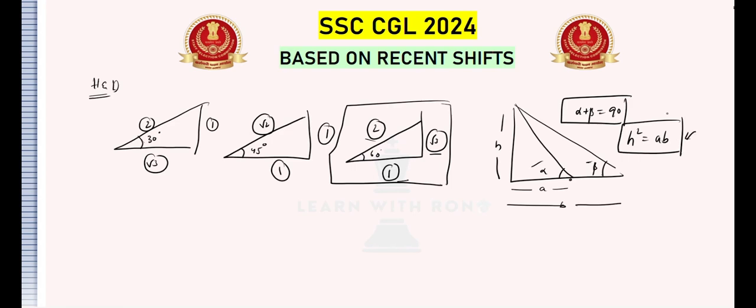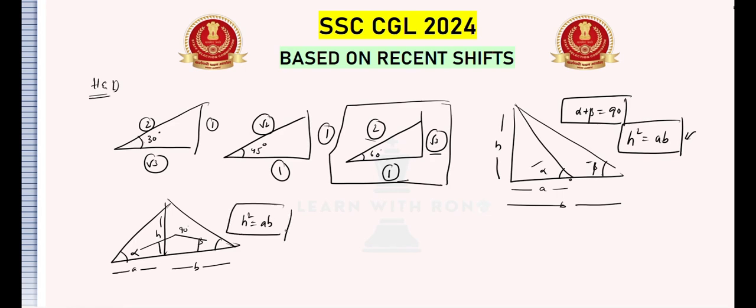This same case applies here too: if alpha and beta are complementary and the distances are A and B, then h square equals AB. Try to remember those scenarios.